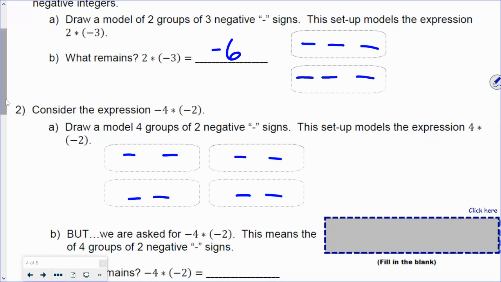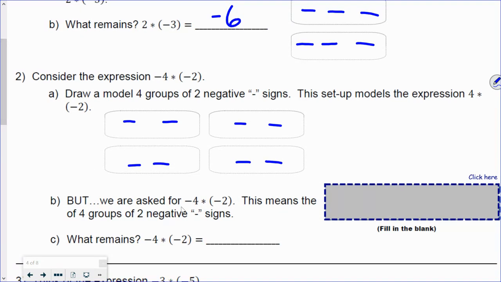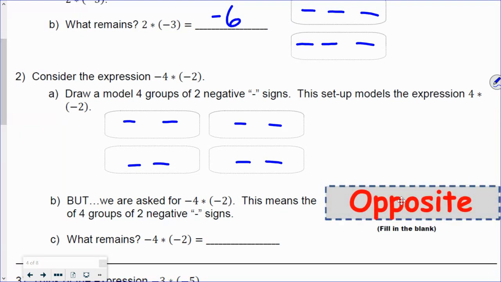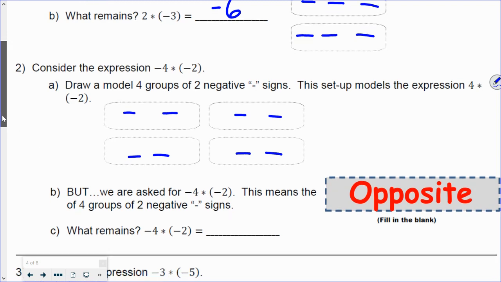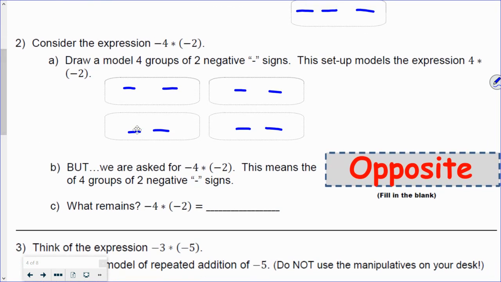But if we are asked for -4 times -2, that actually means we need the opposite of 4 groups of 2 negatives. So we need to go back in and change these negative symbols into positives, because remember, what's the opposite of a negative?